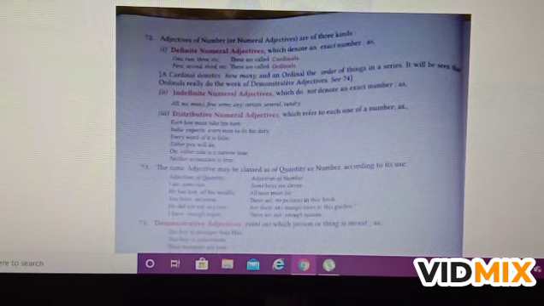Next, number 73. Point number 73 says the same adjective may be classed as a quantity or number according to the use. Like adjective of quantity, I ate some rice, and in adjective of number, we say some boys are clever. I ate some rice. Rice is the noun, and just before the noun, I am using it as adjective of quantity.